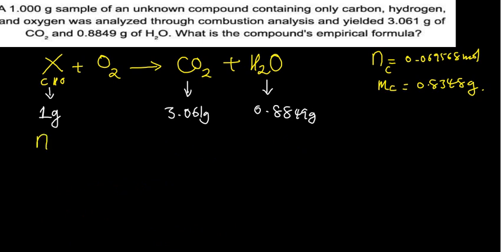Number of moles of water is also given by mass over molar mass. So the mass for water is 0.8849 divided by the molar mass. Molar mass for water: oxygen is 16, 2 hydrogens, that's 2, that is 18. So what are we going to get?